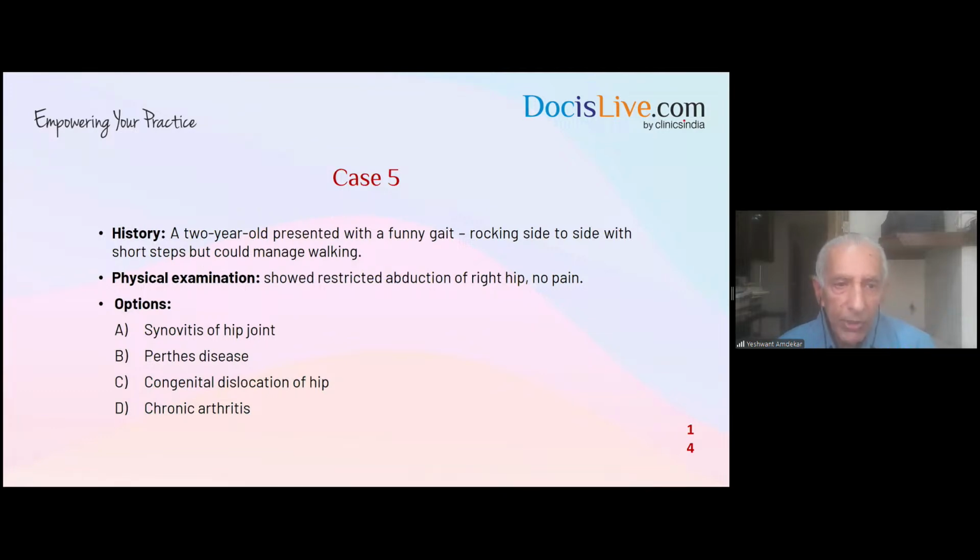The point I wanted to make here again is, in a younger child who comes with a limp, do not forget some congenital malformations like Perthes disease in a small child, and this is a congenital dislocation of the hip. This is one defect which is often missed till the child starts walking, and even when the child starts walking, he manages walking.